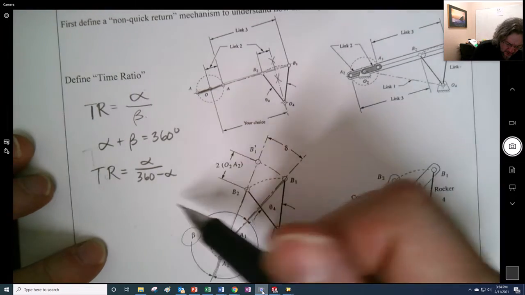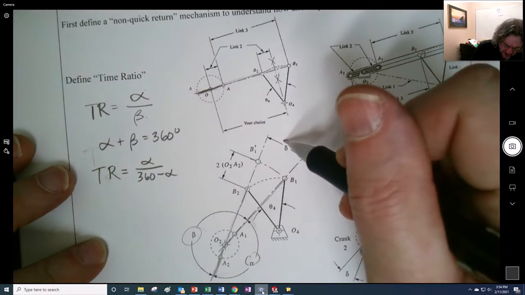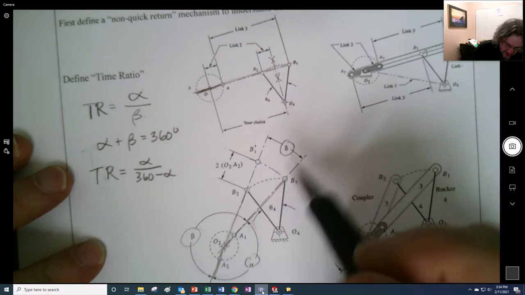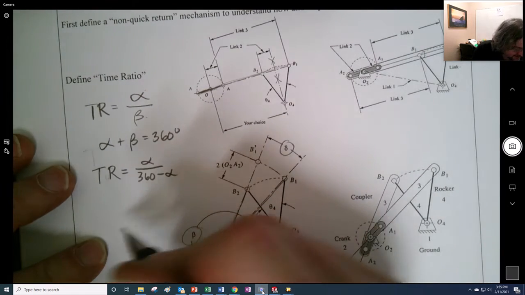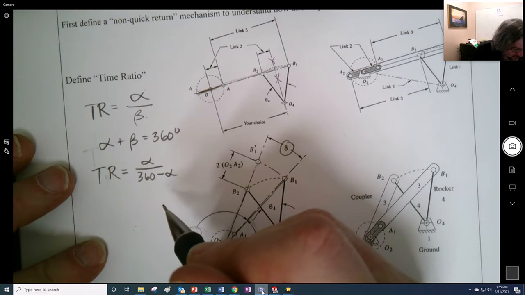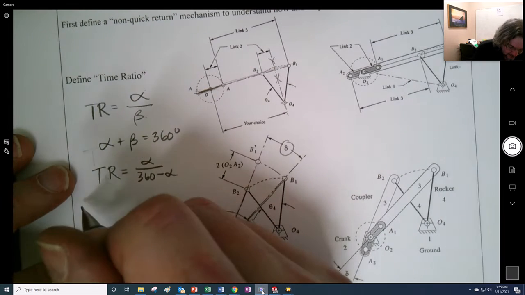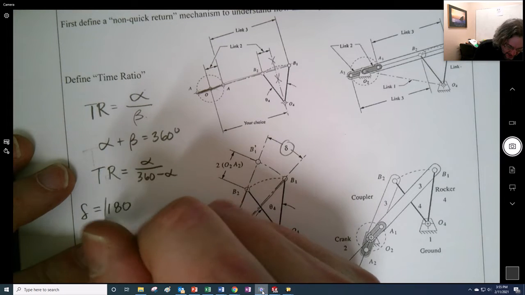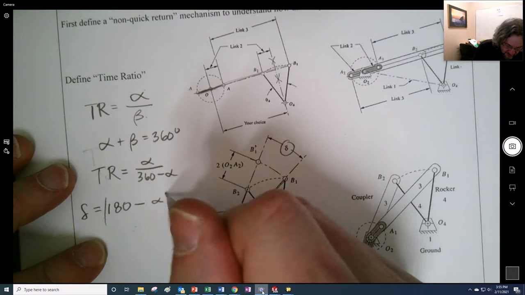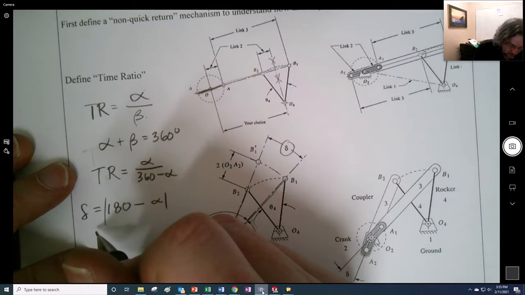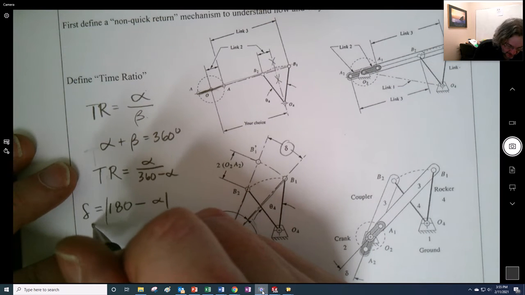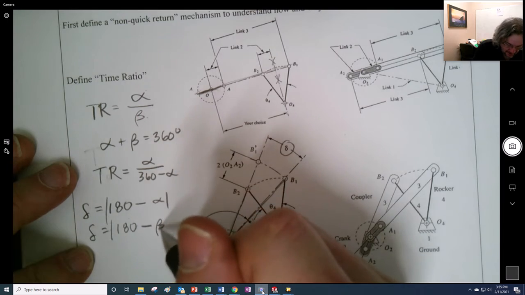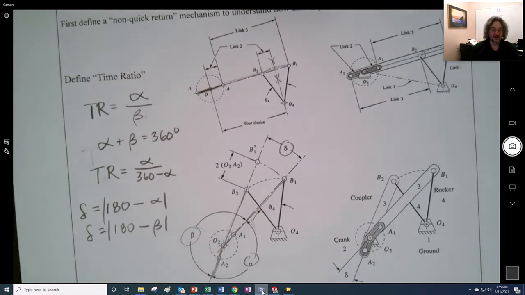And the process to make this is to look for this angle right here that is formed in between, and just as a simple means right here, we can see that delta could either be the absolute value of 180 minus alpha, or delta could also be the absolute value of 180 minus beta, either of those, right?